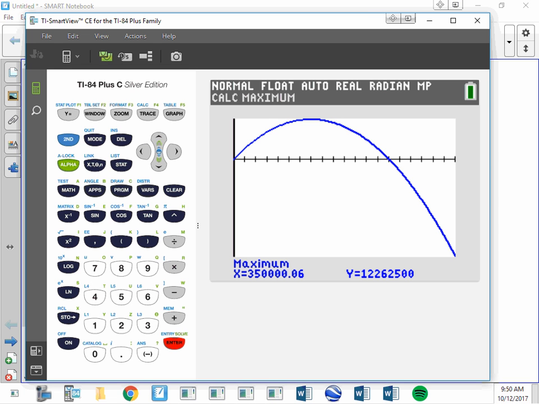If you have like 2999999, that would be 300,000. So sometimes when you do left bound, right bound, guess, depending on how far apart your bounds are and where you put your guess, your calculator will make a mistake or two in there. And sometimes you'll get something like this.